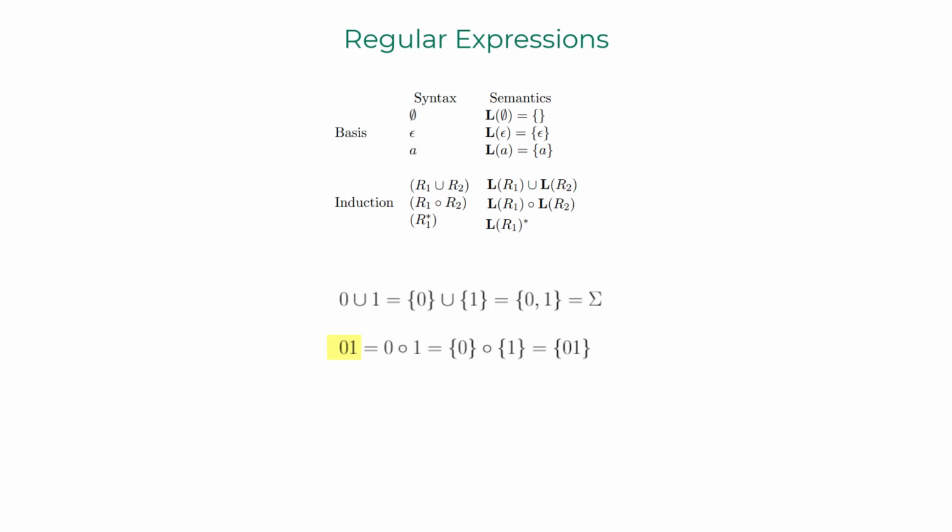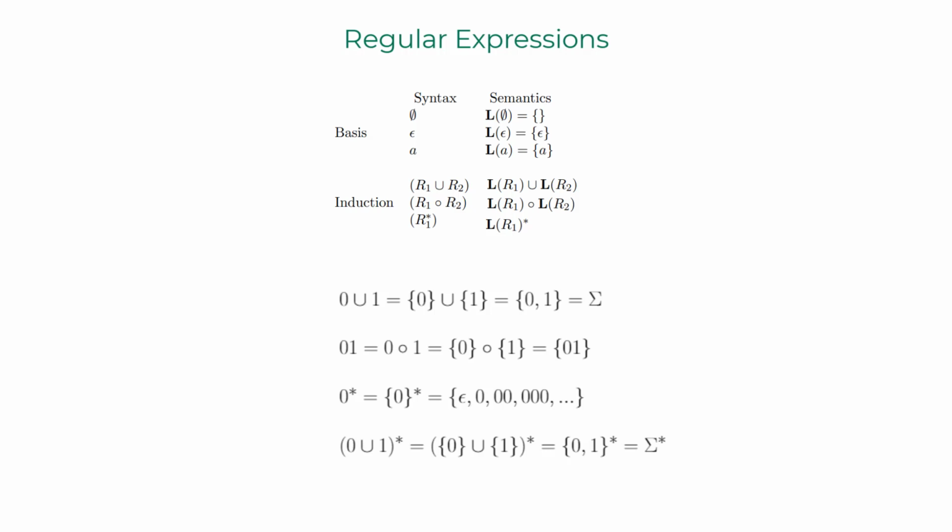We write it this way. Like 01 is equivalent to 0 circle 1, which is the concatenation of the language containing 0 and the language containing 1, which is the language containing the only string 01. And then 0 star is basically the star operator on the language containing the character 0, which would be that.